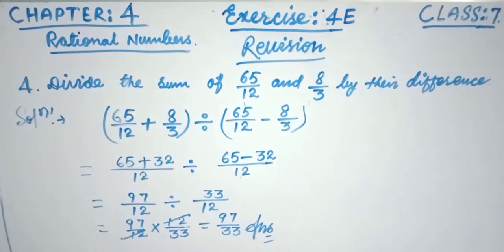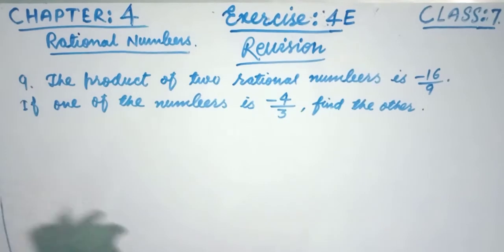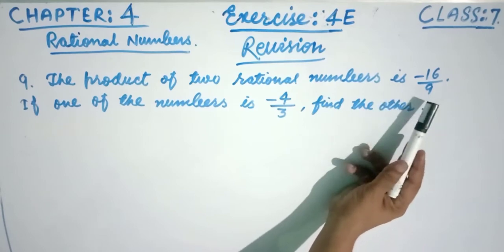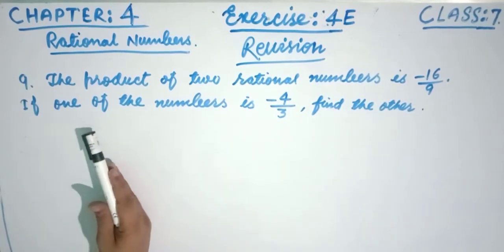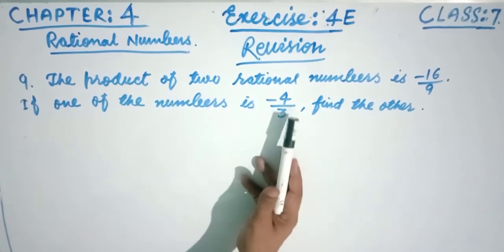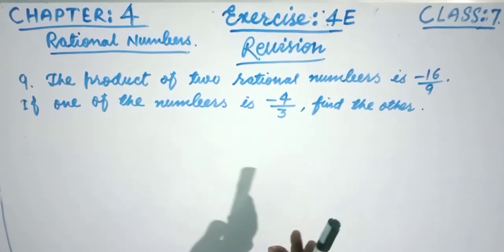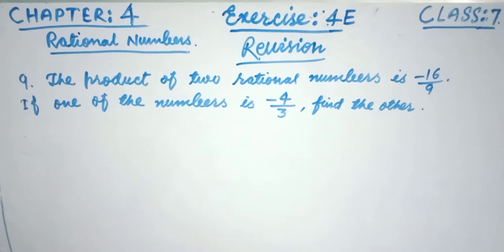Now we will take the next question. Now friends, see, question number 9 says the product of two rational numbers is minus 16 by 9. If one of the numbers is minus 4 by 3, find the other number. Very simple, friends.